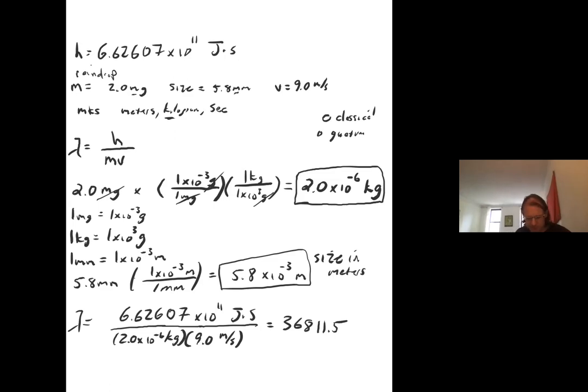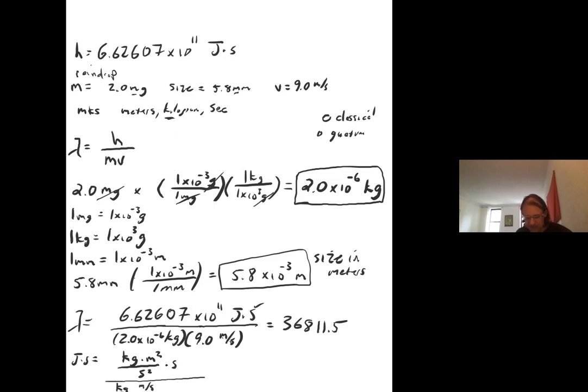The units are confusing, right? In the numerator, you've got joule seconds. Remember, a joule is a kilogram meters squared per second squared. But it's joules times seconds, so you put a second in there. Then in the denominator, you've got kilograms and meters per second.